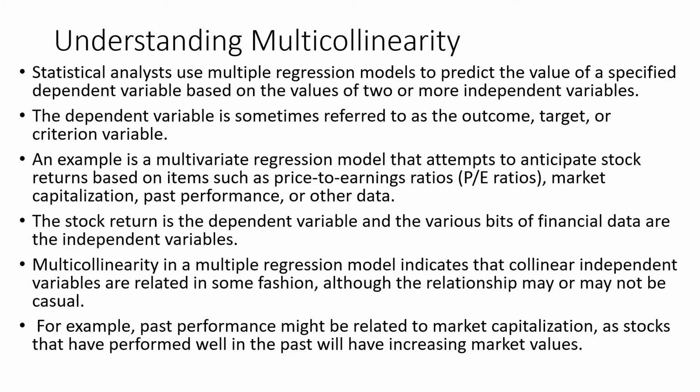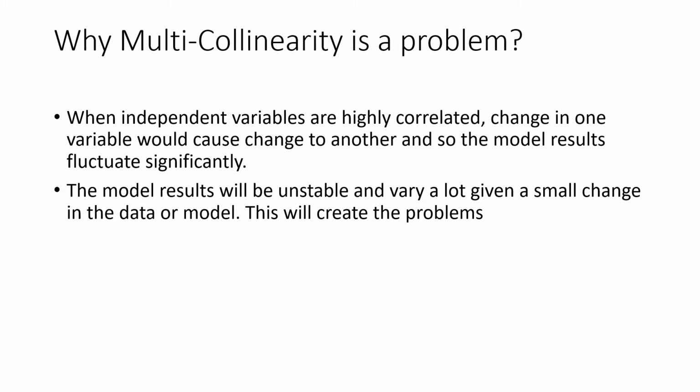Multicollinearity in this multiple regression model means that there can be collinear independent variables in some fashion, even though you have some causal or non-causal relationship here. For example, the past performance is something which is related to your market capitalization, right? In this case, you have the problem of multicollinearity, and your model itself would become ineffective to make predictions.